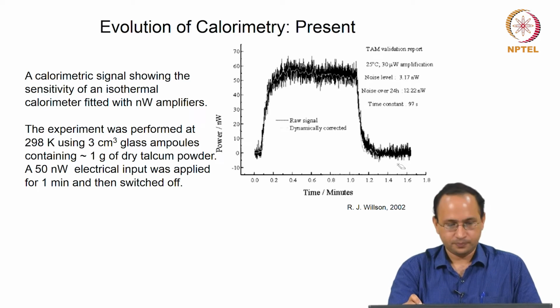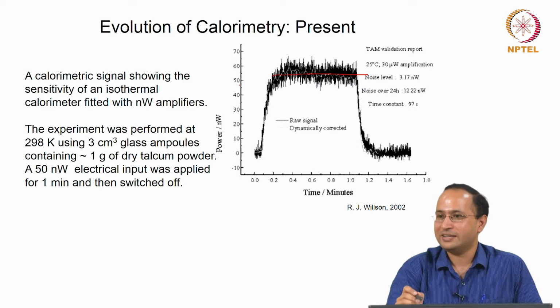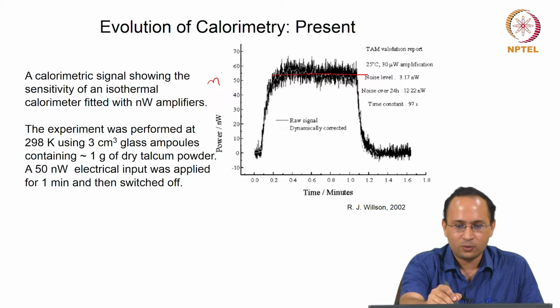Then they put in a 50 nanowatt electrical input. So you see it is around 50 nanowatt. The point is you can measure the signal, this is the nanowatt axis.